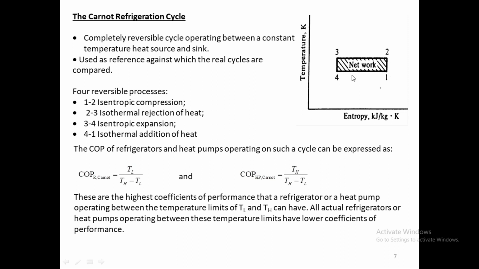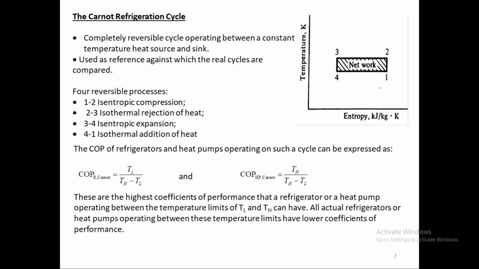So by definition, because it is an ideal cycle, it is a reversible one. The amount of heat transferred to the system, if the same amount of heat is transferred back from the system, the system will come to the same state without any traces of any change, because it's an ideal process. Because of that, we consider that the ratio of the heat transfer to the system and heat transfer out of the system should be equal to the ratio of the absolute temperatures when we are transferring the heat and when we are rejecting the heat.